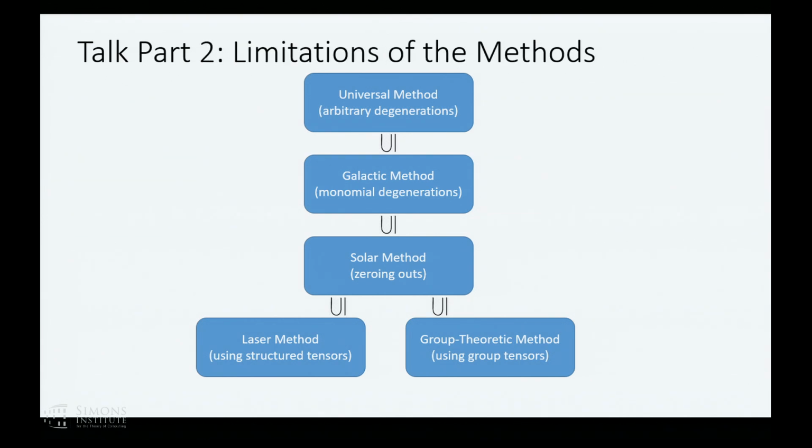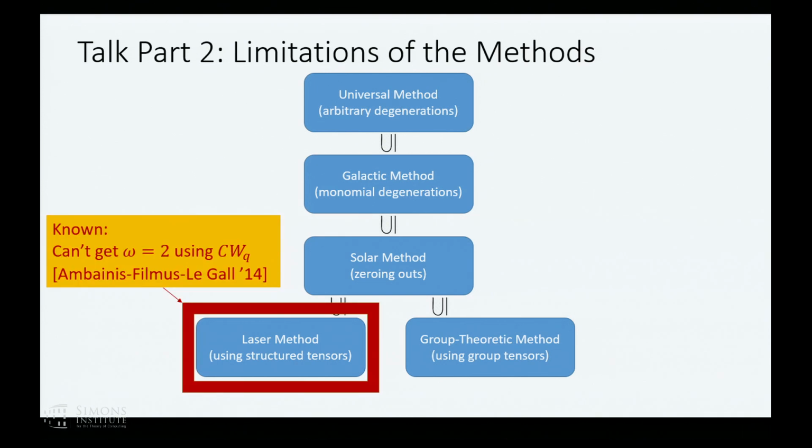Okay, so there was some prior work on limitations of these methods. For the laser method, there was work by Ambainis, Filmus, and Le Gall, who showed that you cannot prove that omega equals 2 if you restrict yourself to the Coppersmith-Winograd tensor, which is the current best record holder, and you use exactly the implementation of the laser method that has been used in the work so far.